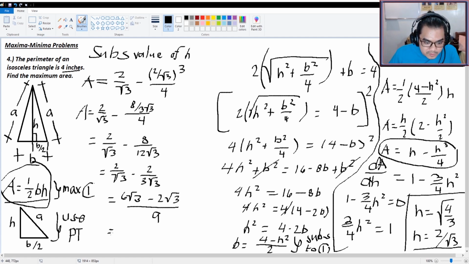And then this must be equal to 4 square root of 3 all over 9. And this must be your answer. Let's put some units. That is an area, so that's inch squared.